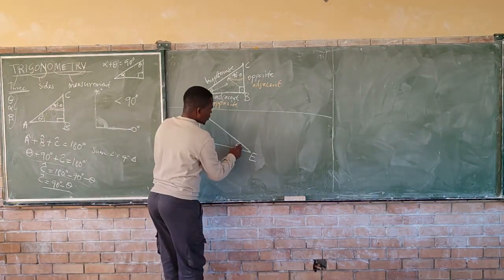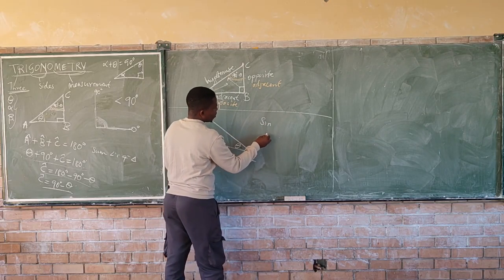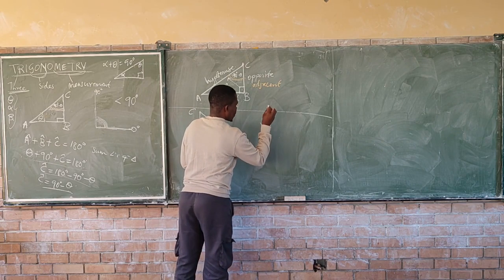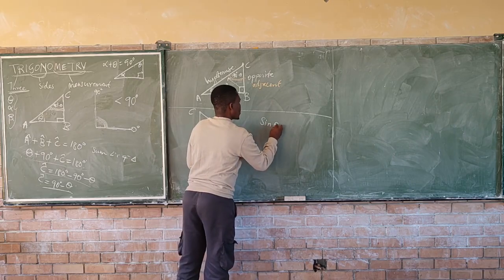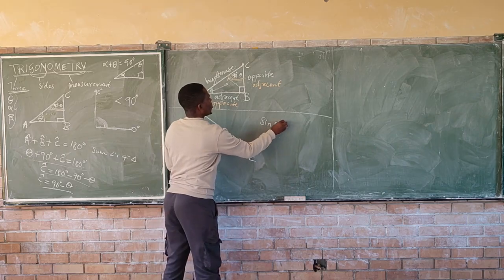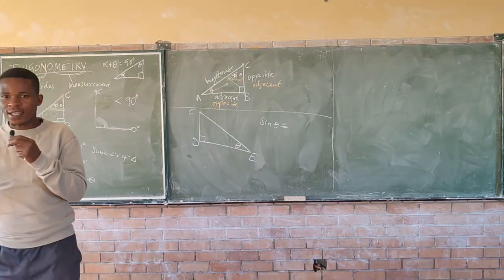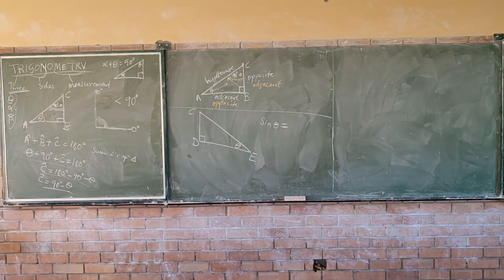Again, if you have theta here, we have the sine of theta. Remember we talked about the angle and its relationship with the sides. Now the trig functions are defined in terms of the ratio of the sides.